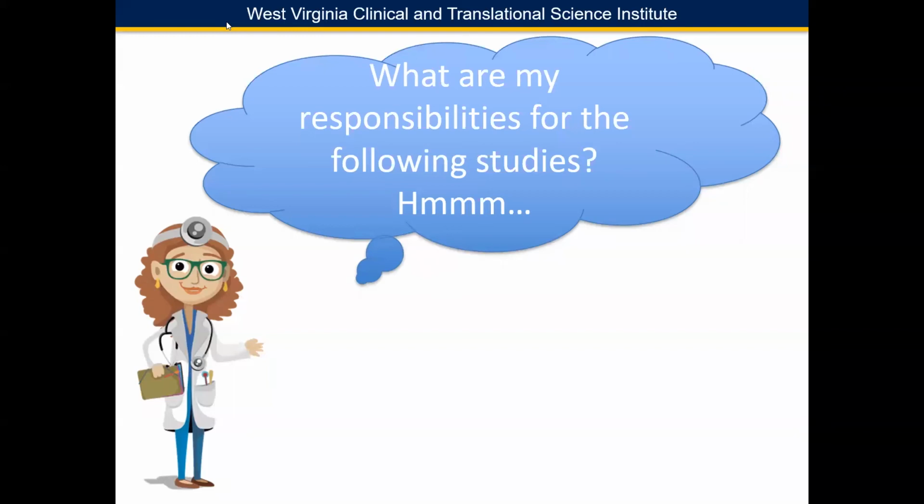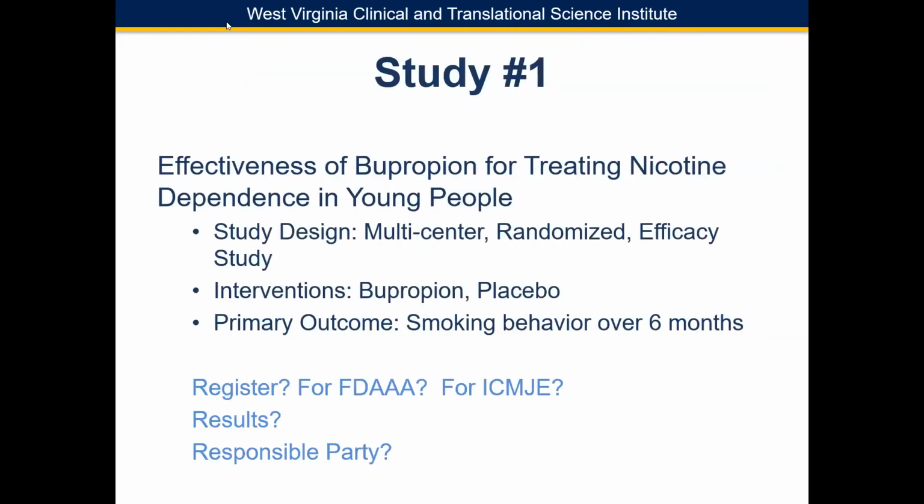Okay, so what are my responsibilities for the following studies? Sarah's going to answer all of these. For this first example, the study is looking at the effectiveness of a drug for treating nicotine dependence in young people.